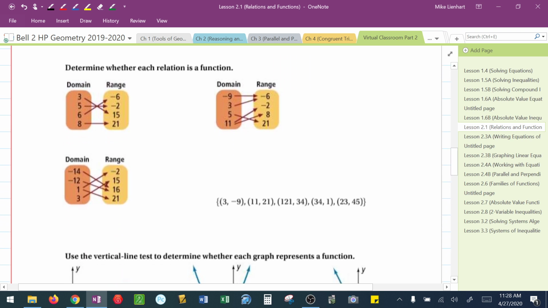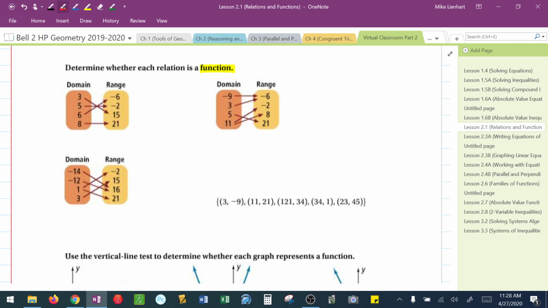All right, so in this first part here, it says determine whether each relation is a function. So we know that we have relations. We know that we have inputs and outputs, or x's and y's, or domain and range. They all mean the same thing. We have to determine, is it a function? So for each x, do we only have one y?